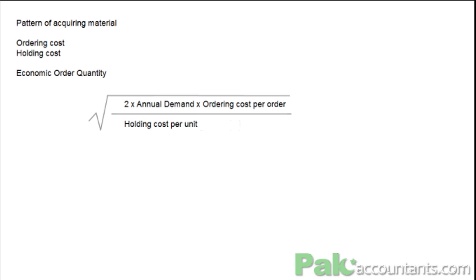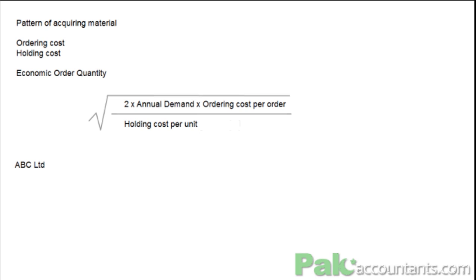Suppose there is ABC Limited that manufactures electronic items, and for this they require silicon as their raw material.